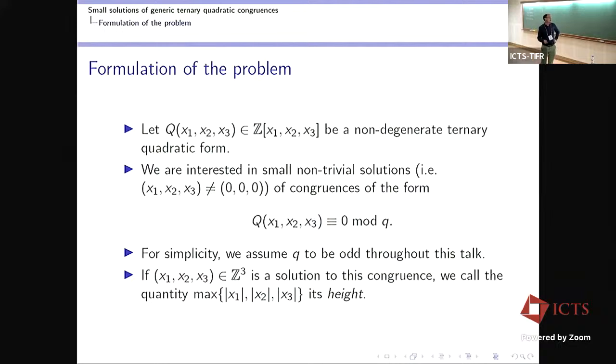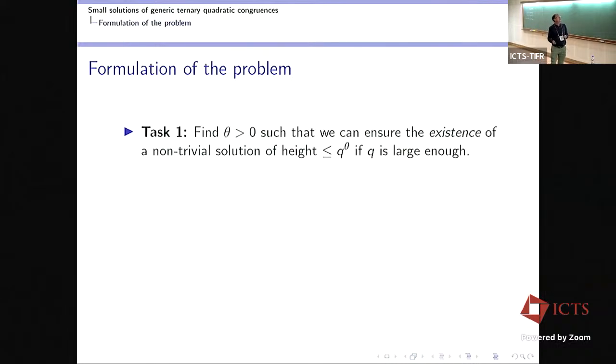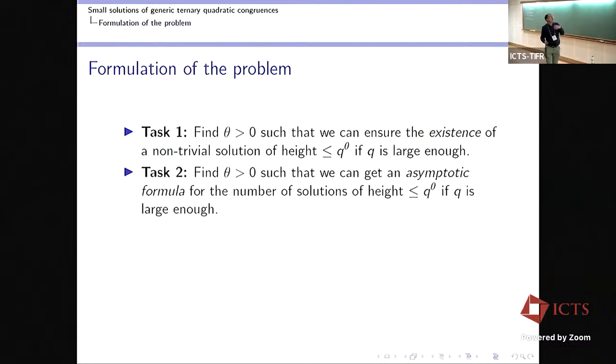Let's call the maximum of the absolute values of x1, x2, x3 the height of the solution. Then our main task is to find a solution of height less or equal q^θ, whenever q is large enough and θ is a fixed number.